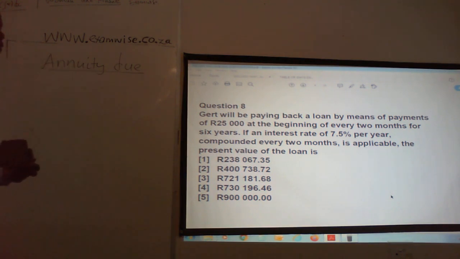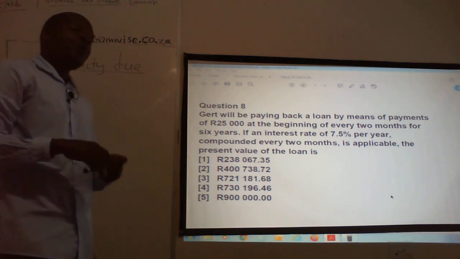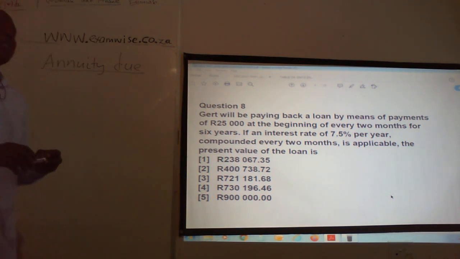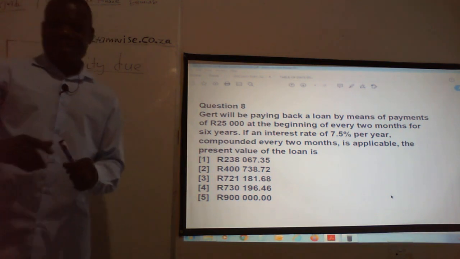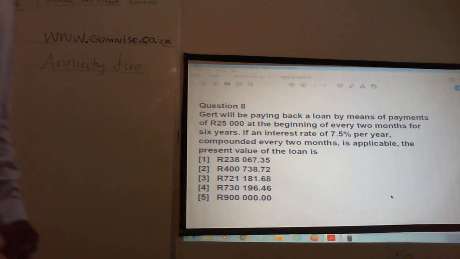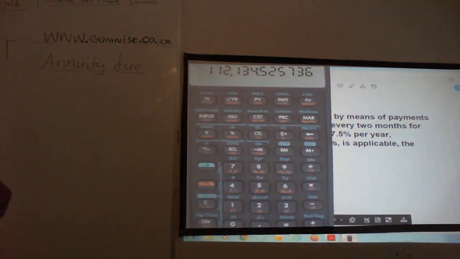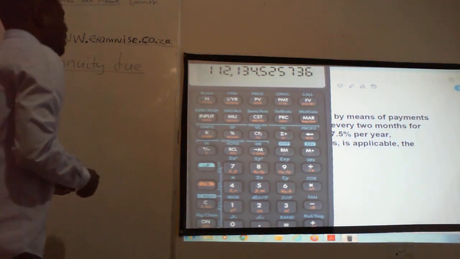Once we determine that we have an annuity due, we can use our financial calculators, but we have to put our HP financial calculator into beginning mode.